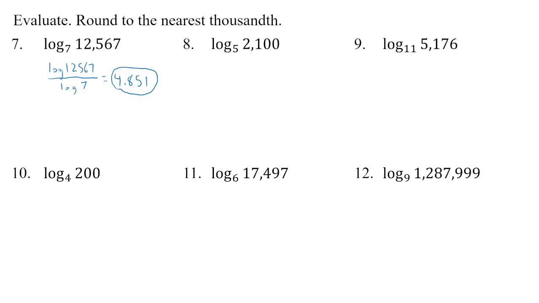Next, we have log base 5 of 2100. So we're going to write it as log of 2100 over log of 5. Put it in the calculator, and you would get 4.753.